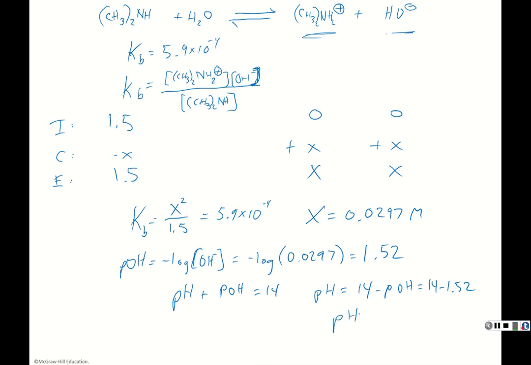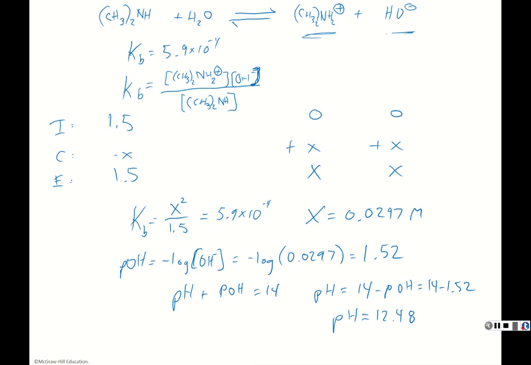And that is 12.48. Okay, does that make sense? Well, yeah, it's a number that's bigger than 7, so it's a basic solution, which it should be because we're talking about dissolving a base in water in the absence of any acid, so the solution should be basic.